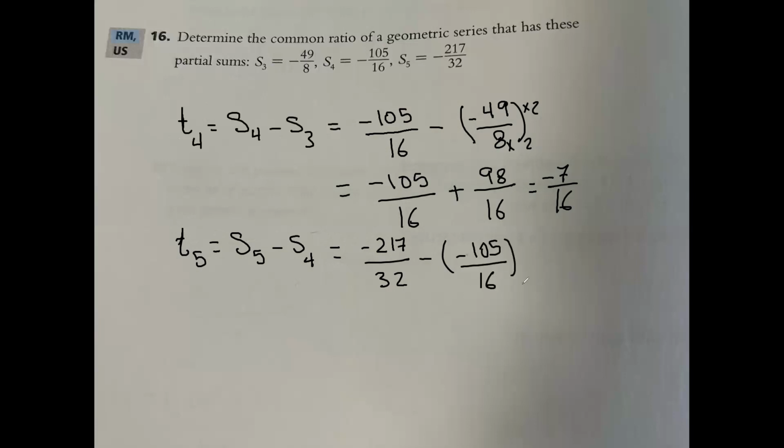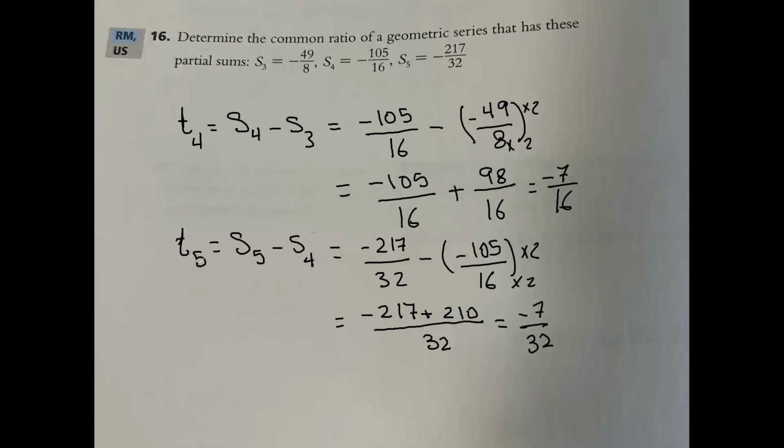We got to do a common denominator, multiplying this by 2 and multiplying this by 2. And therefore, I'm going to get negative 217 plus 210 all over 32. And that would give me negative 7 over 32.